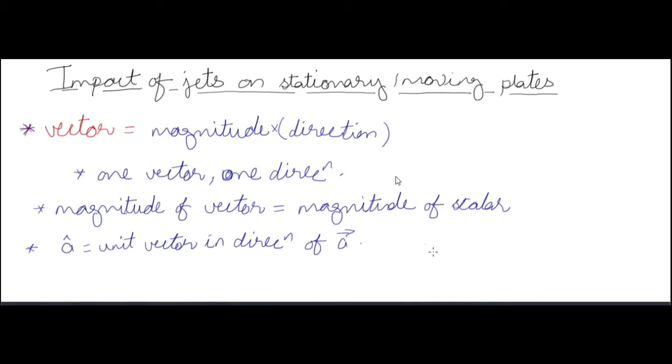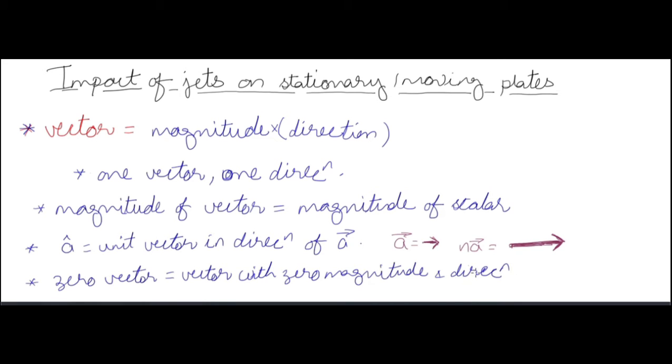Then we have the unit vector. A unit vector is a vector having a magnitude of unity, meaning 1, and in the direction of the given vector. So a cap is the unit vector in the direction of vector a.